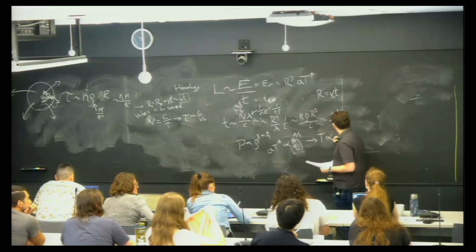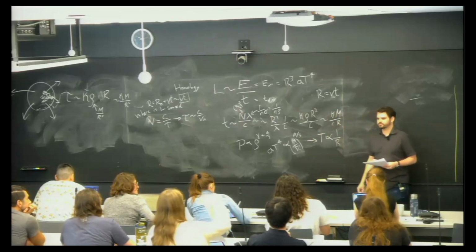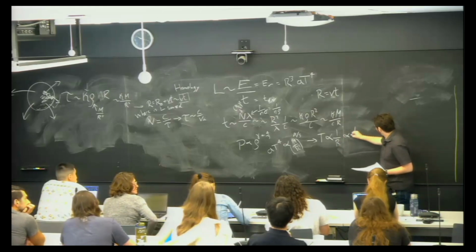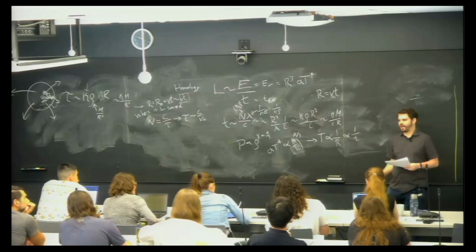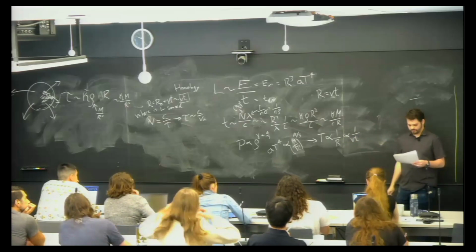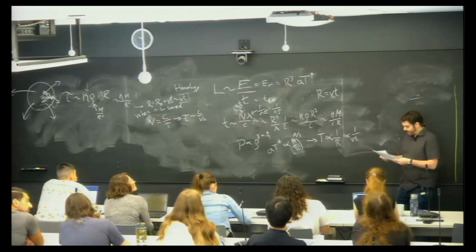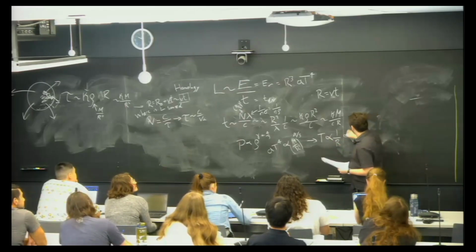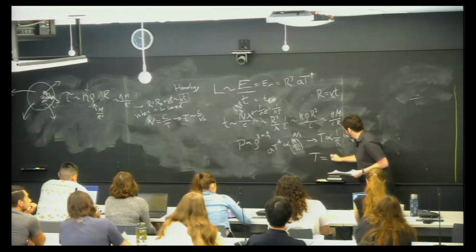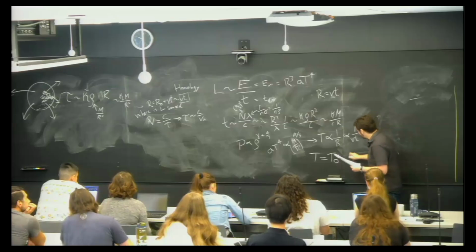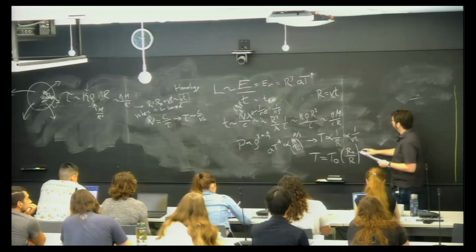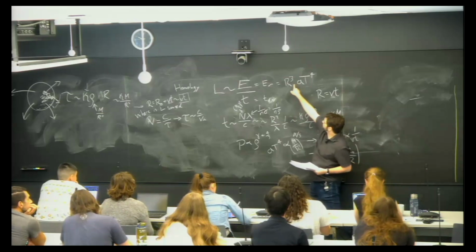So you end up getting that T goes like 1 over R, or 1 over time, because R goes like vt. Now we're going to plug this in. We'll write down that the temperature equals my initial temperature from the explosion times R naught over R, where R naught is the initial radius. We plug this in here.